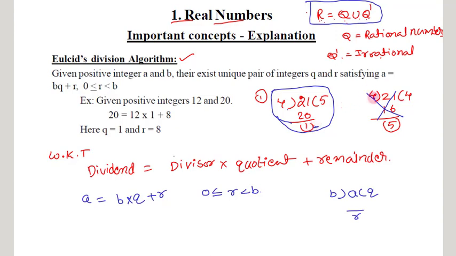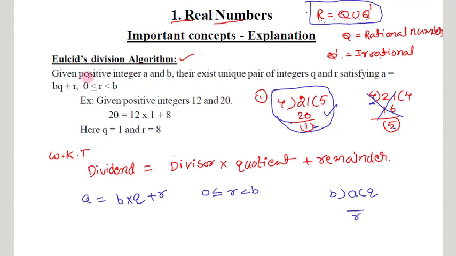In the second case, what is the remainder? That is 5. 5 is greater than our divisor 4. So this is wrong, and the first case is correct.